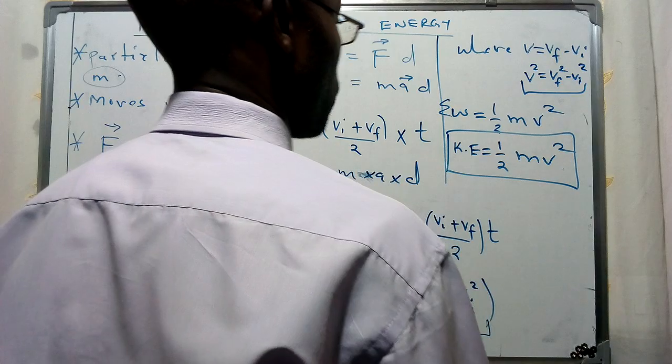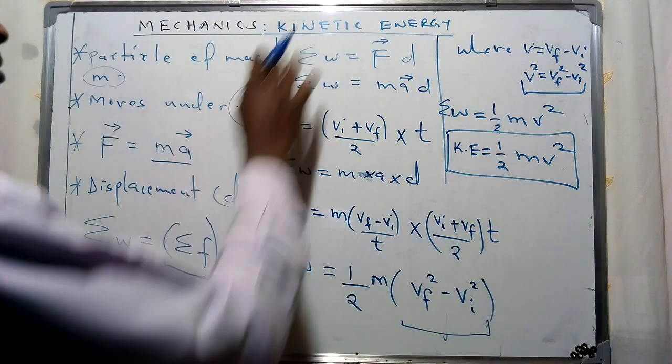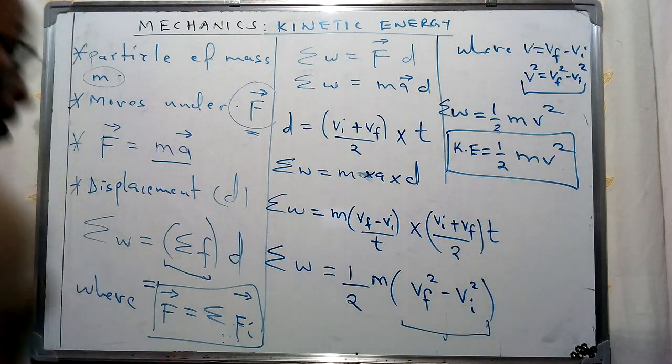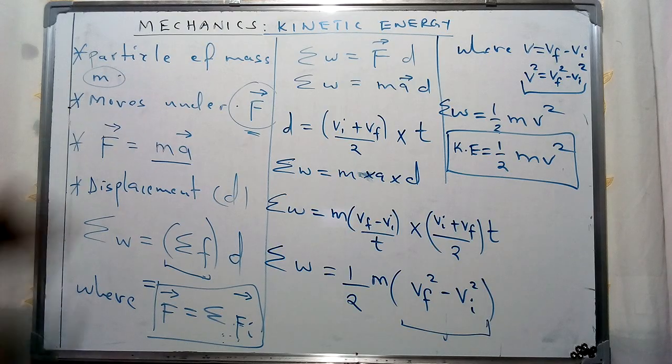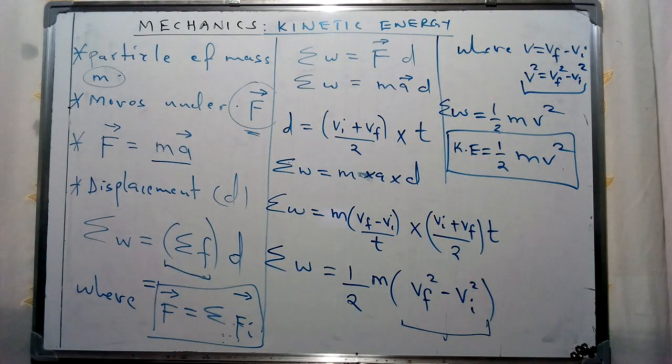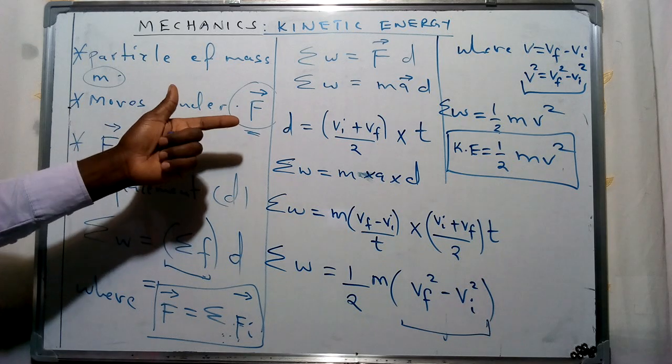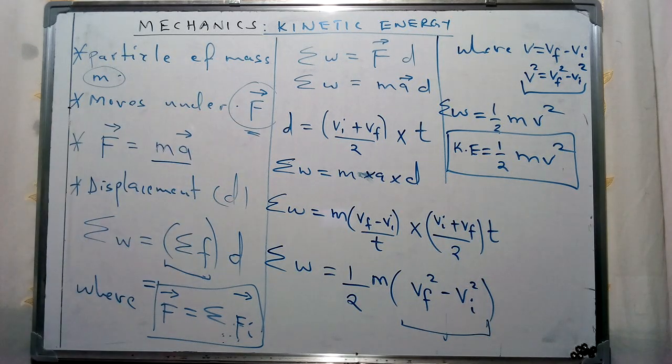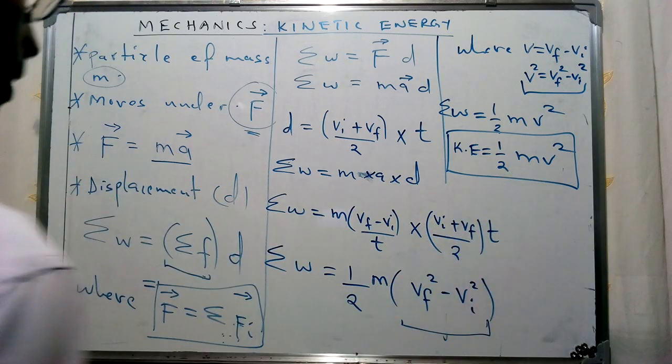This is going to assist us in trying to define the concept of kinetic energy, considering this specific displacement of this particle. And therefore, as I had mentioned in my opening statement, kinetic energy is the quantity of energy associated with the motion of a particle, and generally it can be given using this representation.